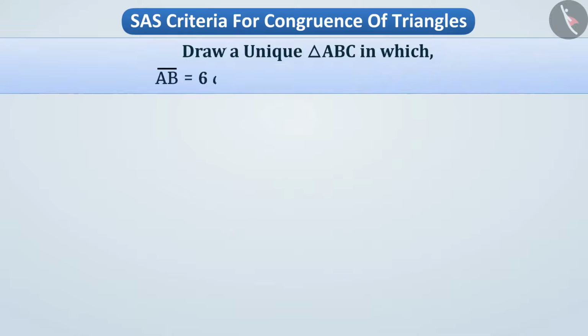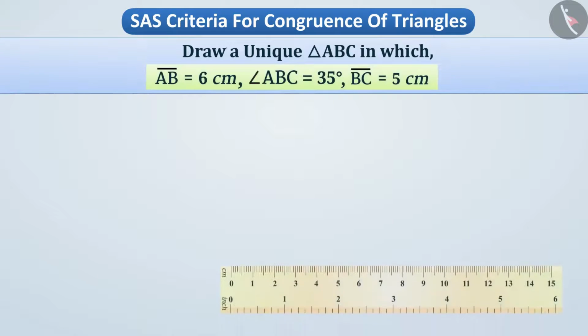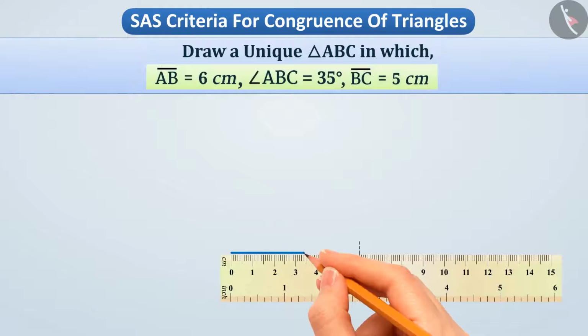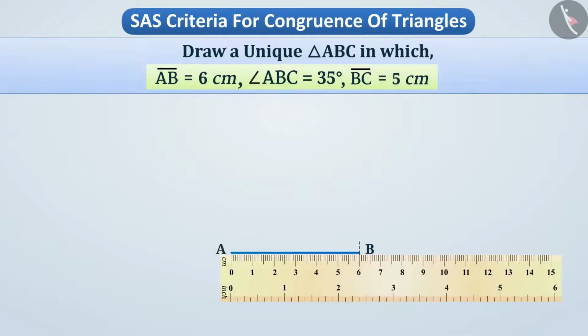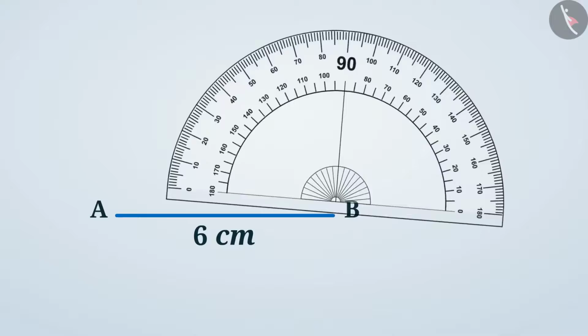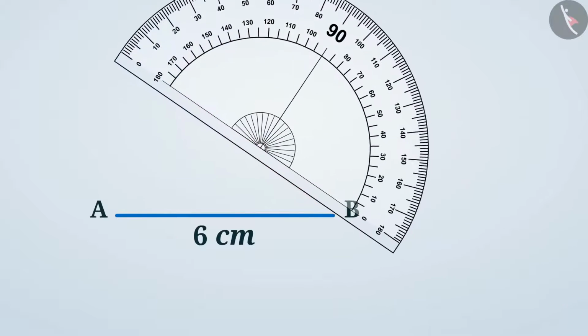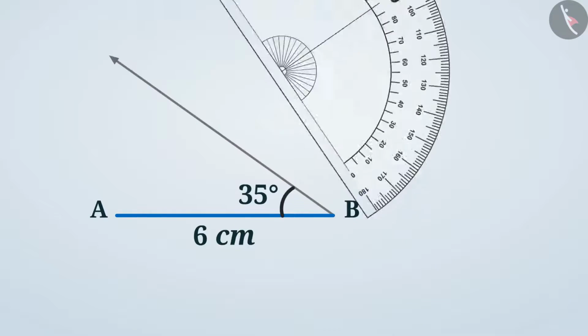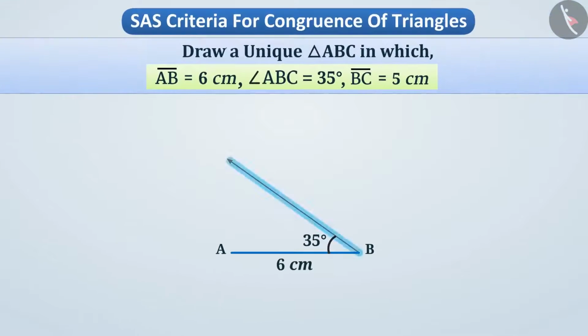Suppose AB is equal to 6 cm, angle ABC is equal to 35 degrees and BC is equal to 5 cm is given. In this situation, we will draw a line segment AB equal to 6 cm. Then by using a protractor, we will draw angle ABC equal to 35 degrees.